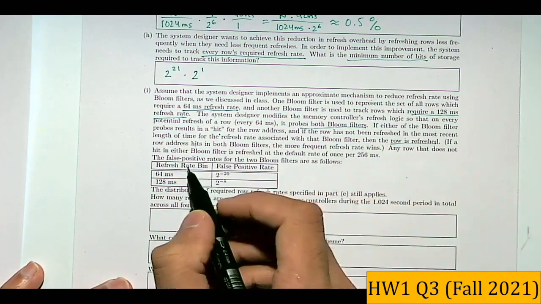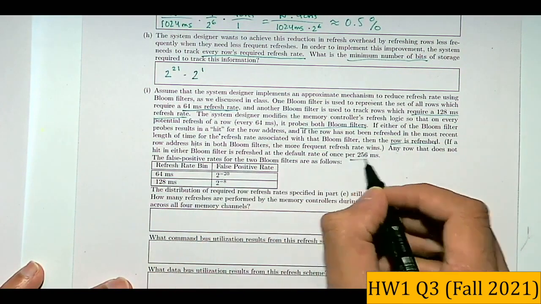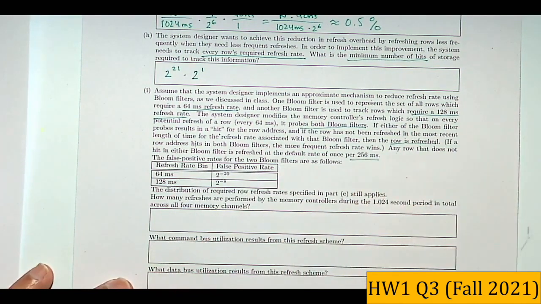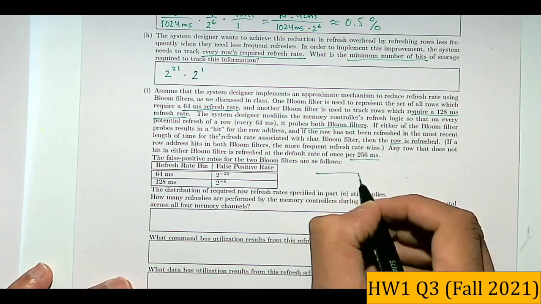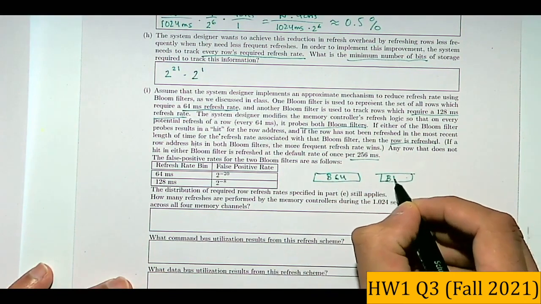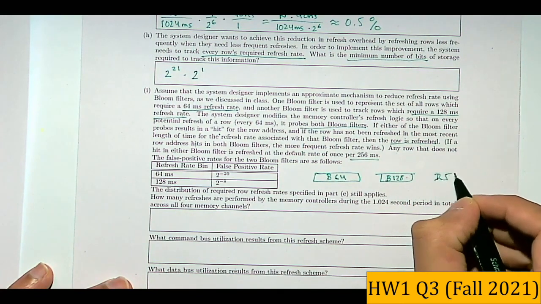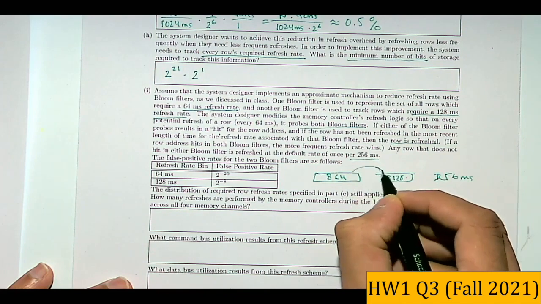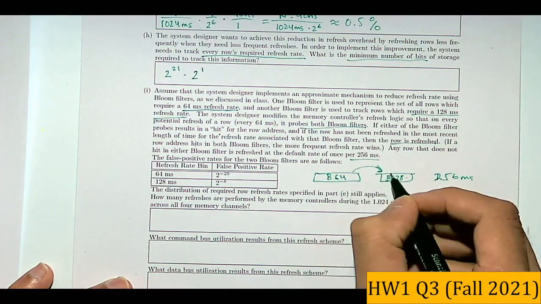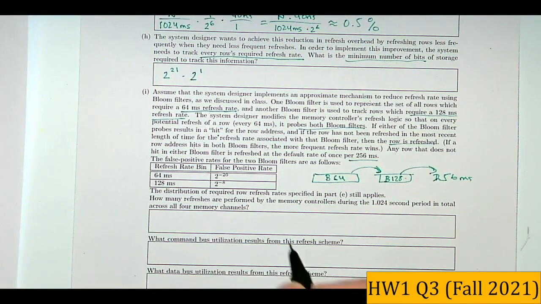Any row that does not hit in either bloom filter is refreshed at the default rate of per 256 milliseconds. So we have a bloom filter for 64 milliseconds, a bloom filter for 128 milliseconds, and the default of 256 milliseconds. We probe these two where the 64 millisecond has priority, and if neither of them is a hit, then we use the 256 millisecond quantity.